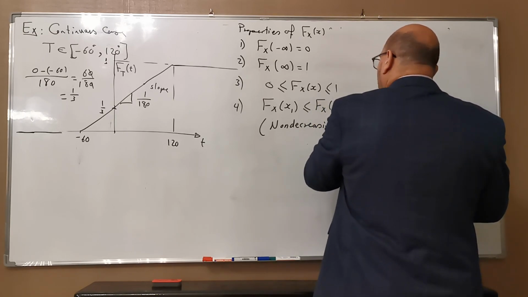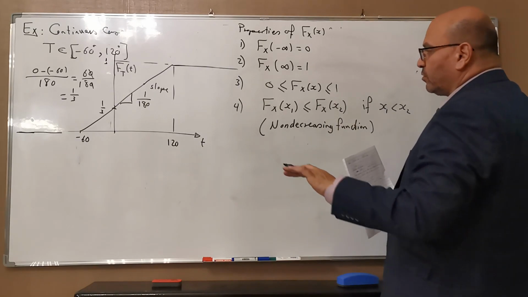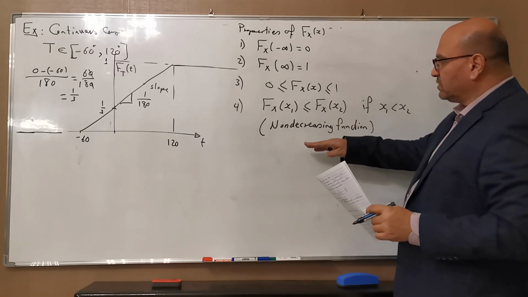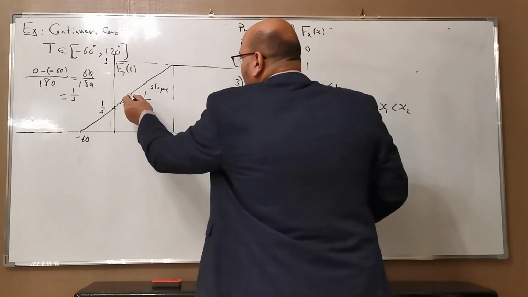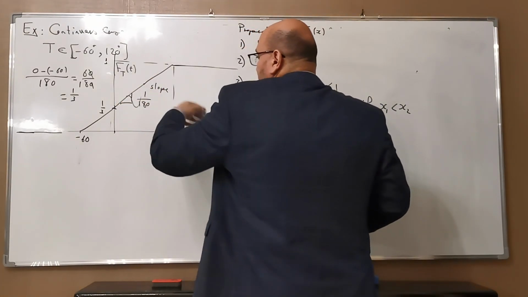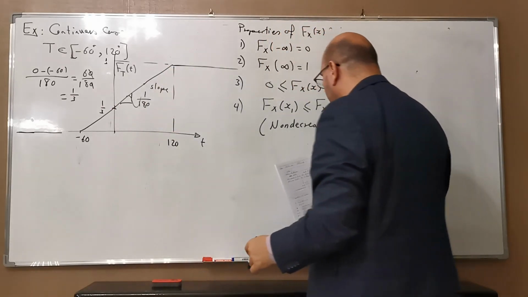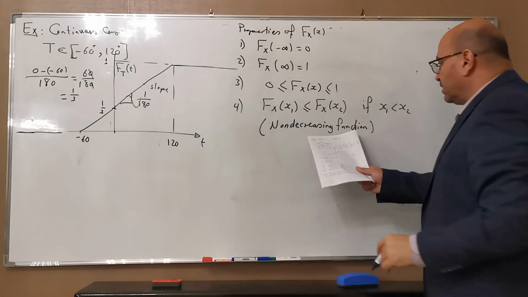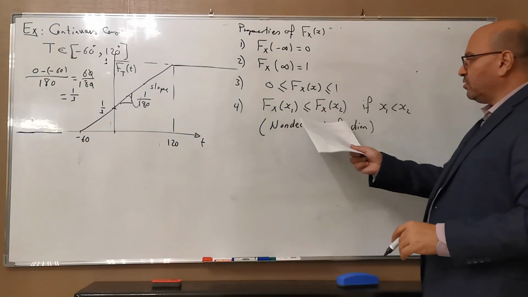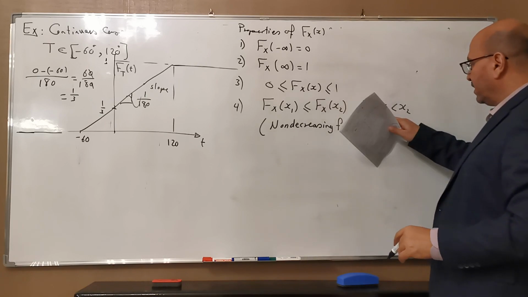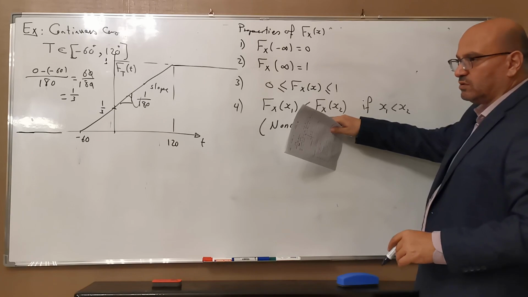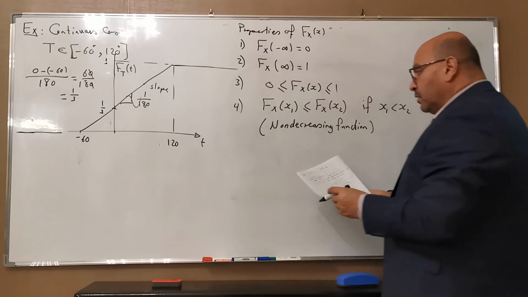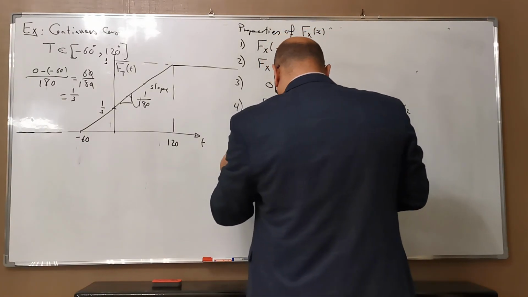What does that mean? It means that fx of x will never go down. It stays constant or increases, but it does not go down and then up. As x increases, fx of x either stays constant or increases.